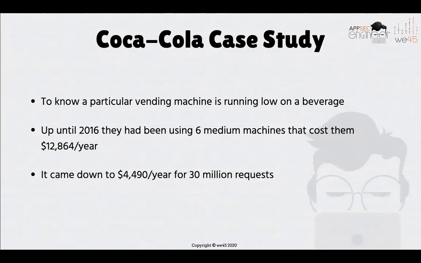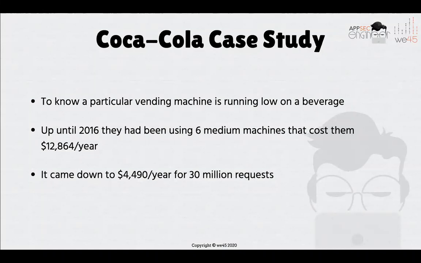So here in this Coca-Cola case study, Coca-Cola used to use the serverless variant for verifying whether a particular vending machine is running low on a beverage or not. Till 2016, to handle this kind of workflow, they used to use 6 medium-sized machines, which used to cost them about $12,864 per year.